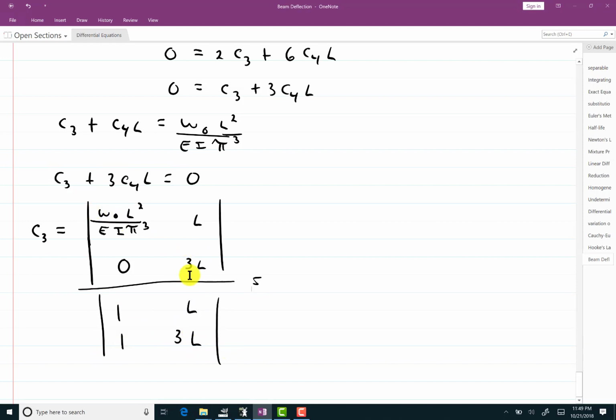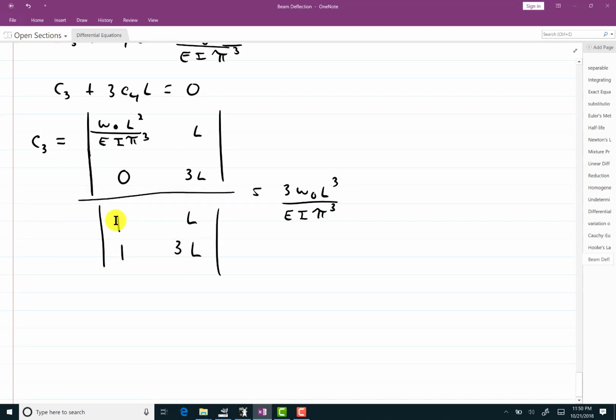So when I multiply through, I'll get the 3L times that stuff. So that'll give me 3W naught L cubed over EI pi cubed, divided by the stuff underneath.